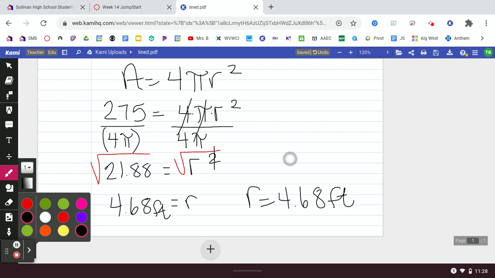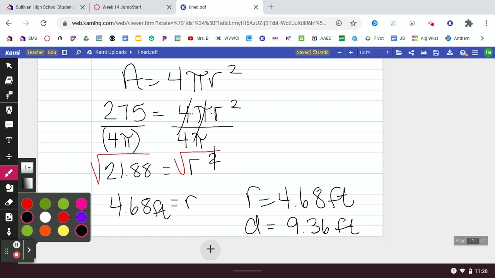Now, what if I had asked you what diameter was? You still have to do all of this work, but now what? To go from radius to diameter, you want it bigger, so you would multiply it by 2. So that would be 9.36, and that would also be feet. So regardless of whether you're asked for radius or diameter, you still do it the same.